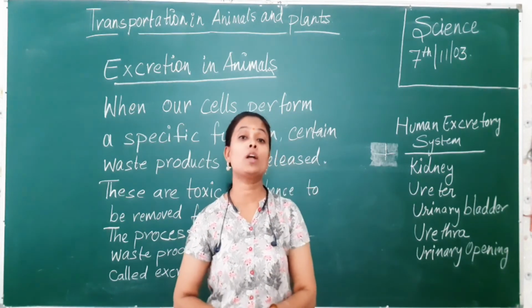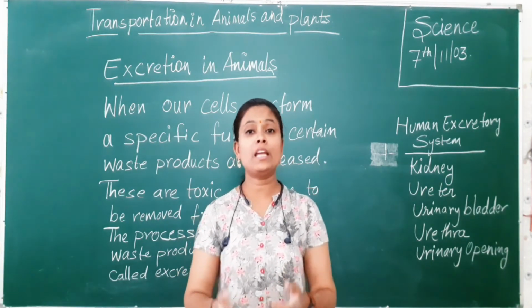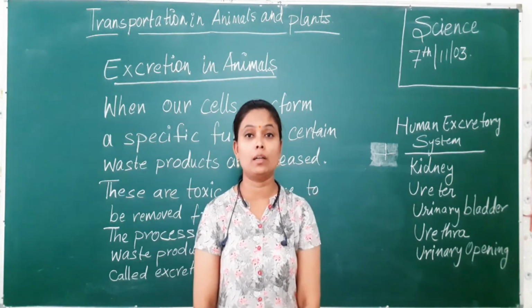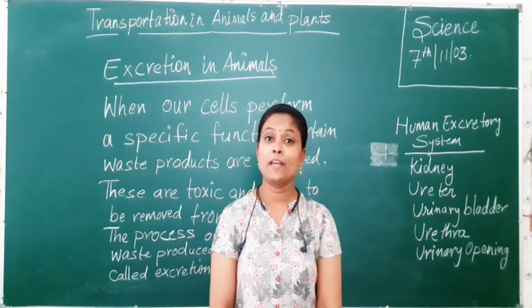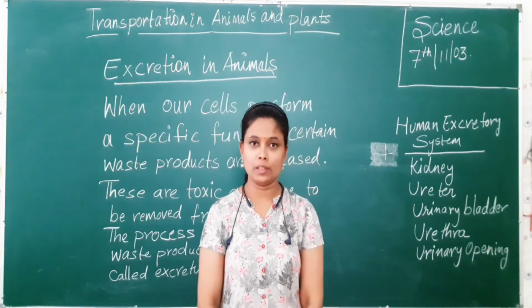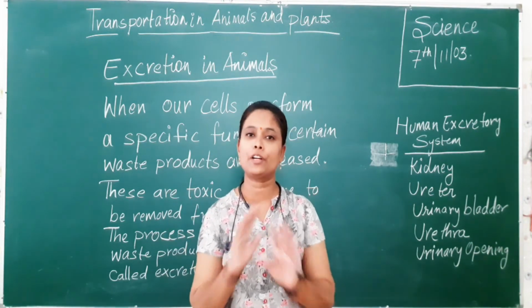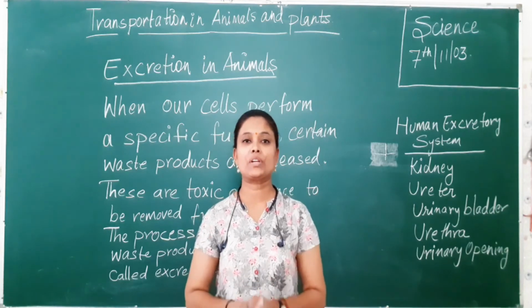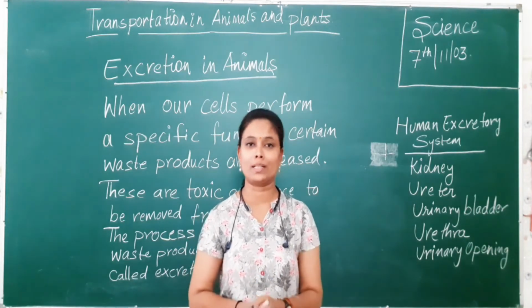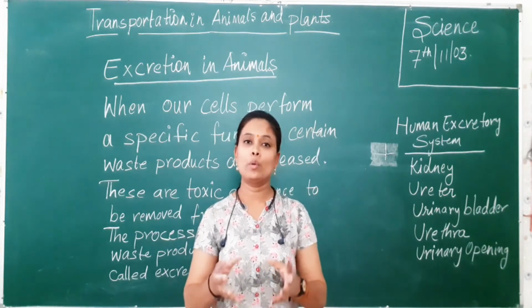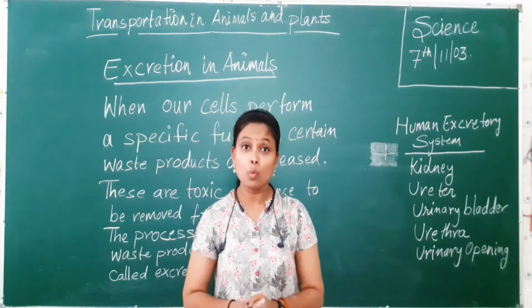During summer, what do the kids do? They used to drink water from the refrigerator. Beta, it is not good. Never have the refrigerator water. Even I never drink it. I always drink earthen pot water, that is, the water which is there in the matka. Why?